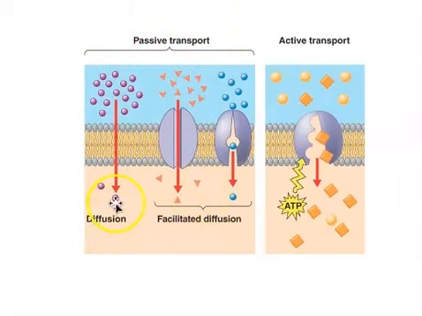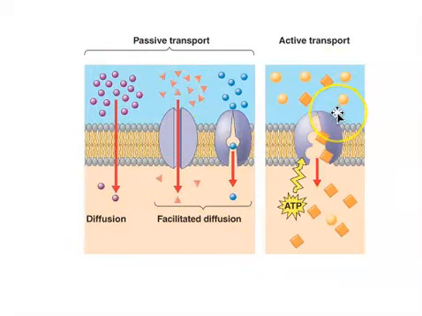Simple diffusion, facilitated diffusion, they are passive. They don't require a source of energy to make them happen. They simply require a concentration gradient. They will keep happening as long as the concentration gradient is in place. Once equilibrium is achieved, they will stop.